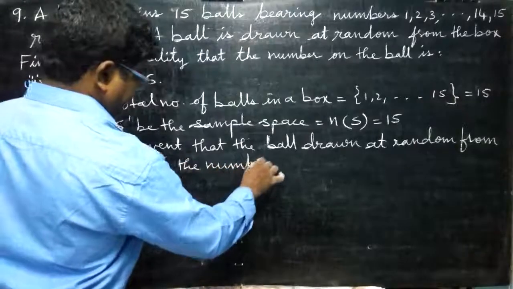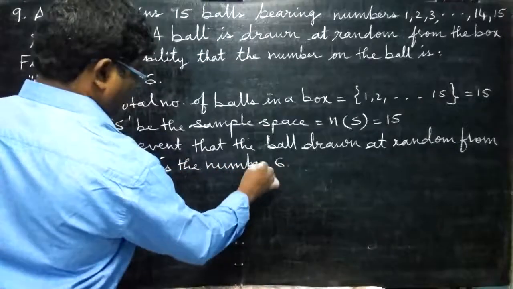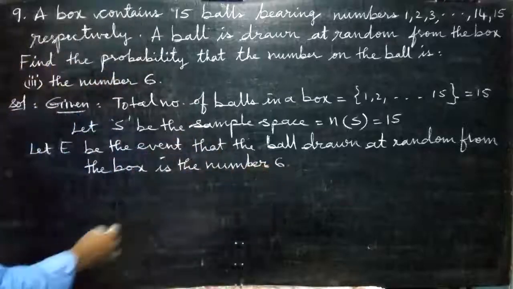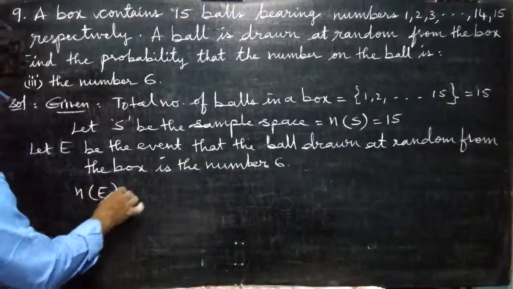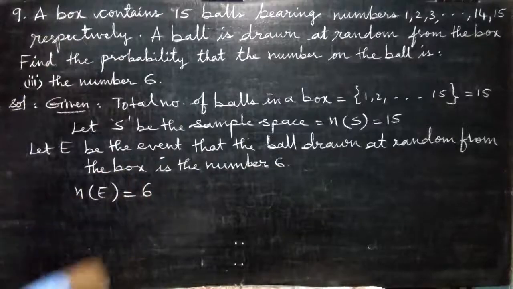It should be number 6. How many are there? Number 6 ball, only one. The number 6 will be only one in that box.